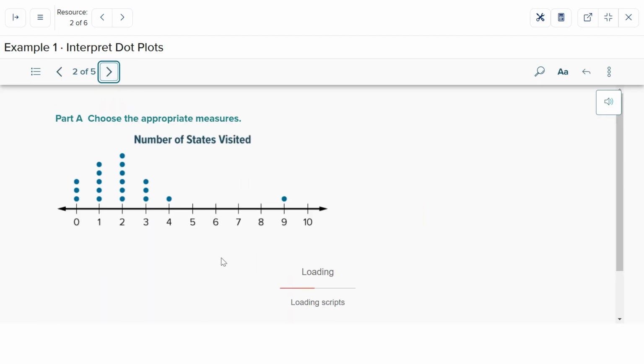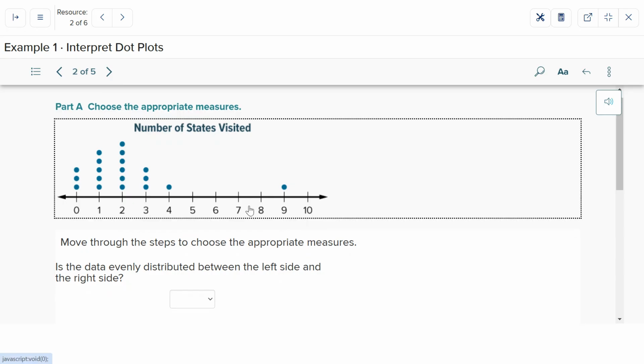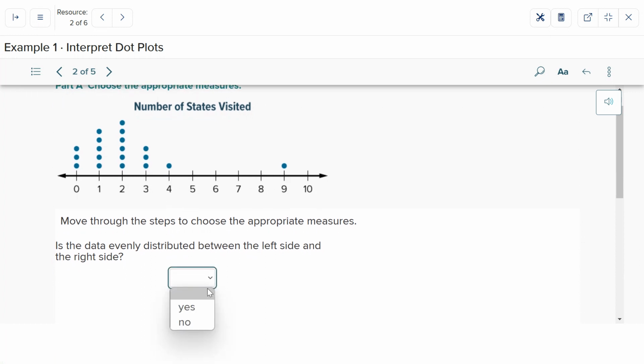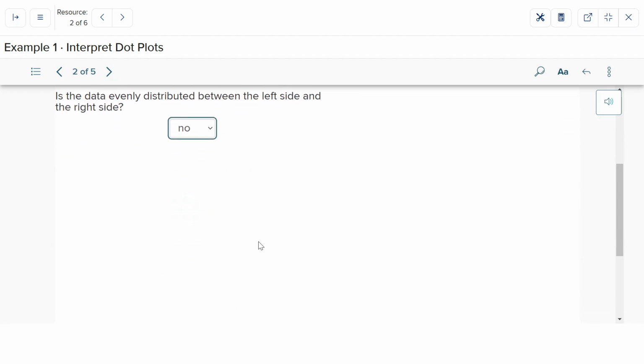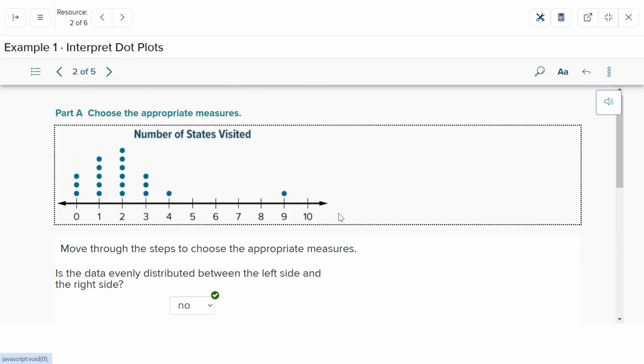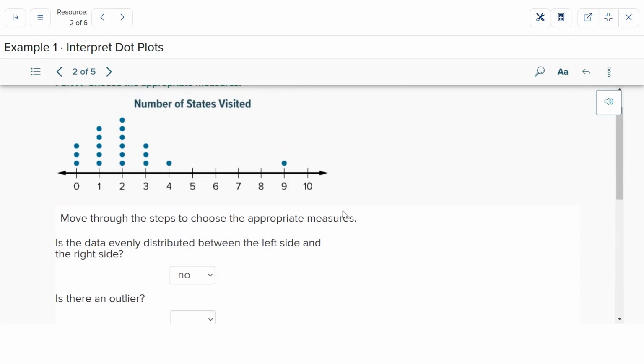So let's choose the appropriate measure for this particular dot plot. Is the data evenly distributed between the left side and the right side? No, it's not. There's way more data over here on the left than there is on the right. So we're going to say no. And then we're going to hit that. Wow, they're making me scroll like crazy here. All right, is there an outlier?